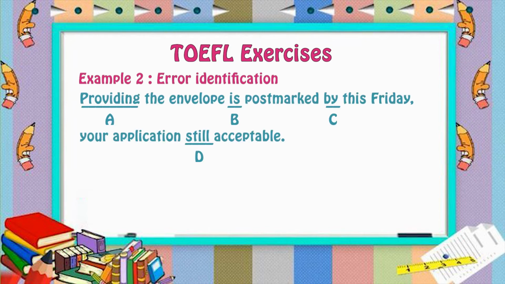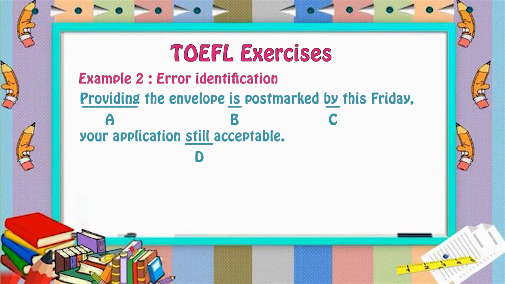Providing the envelope is postmarked by this Friday, your application still acceptable. Okay, now let's see the first part of the sentence before the comma. Providing the envelope is postmarked by this Friday. Providing, what is it? It is a connector. Look at the list of connectors. Providing, yes, so it is true.